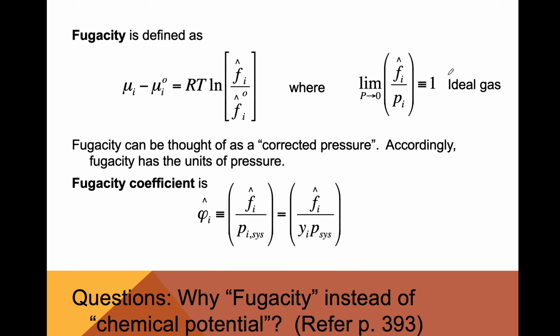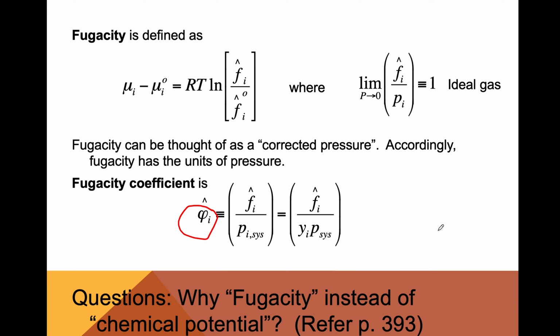Fugacity can be thought of as a corrected pressure. Accordingly, fugacity has the units of pressure. So that's the relation. And the fugacity coefficient is, this is the unit, and this is the equation, right?